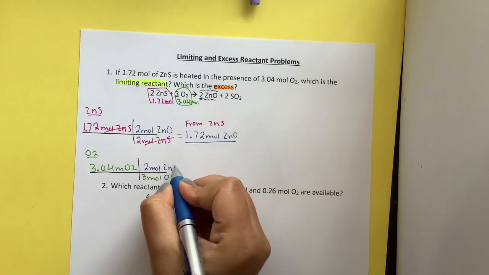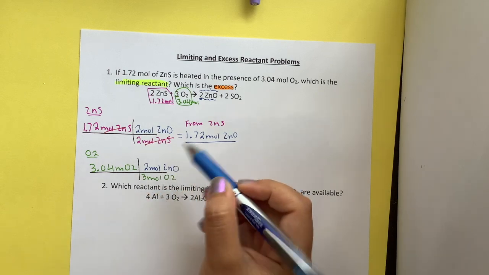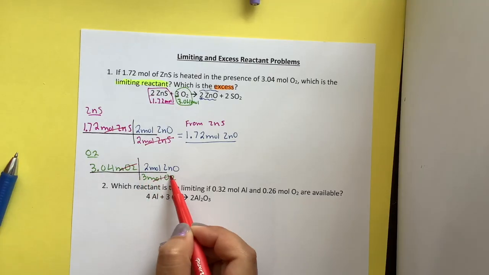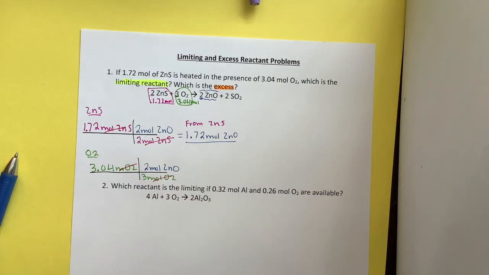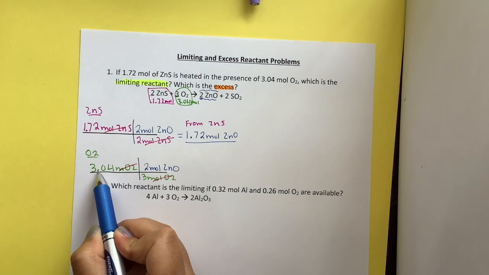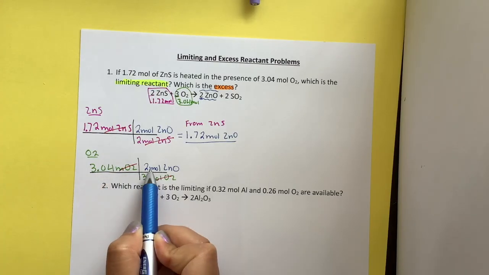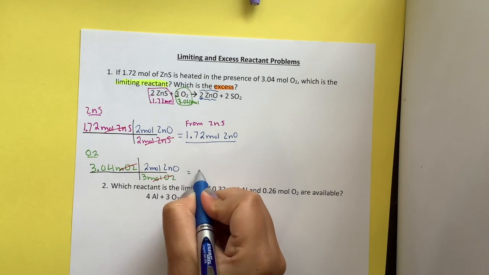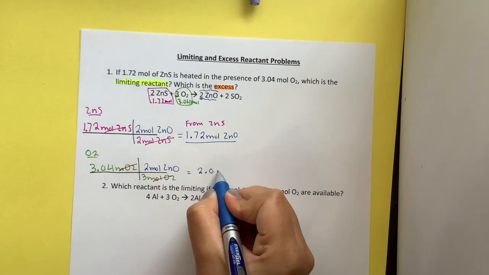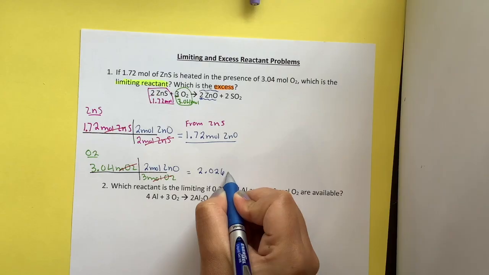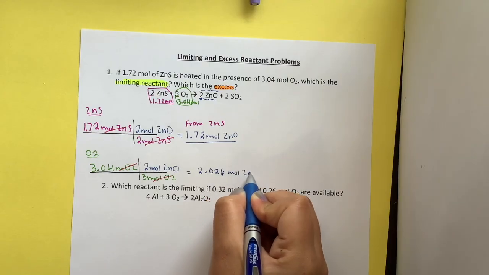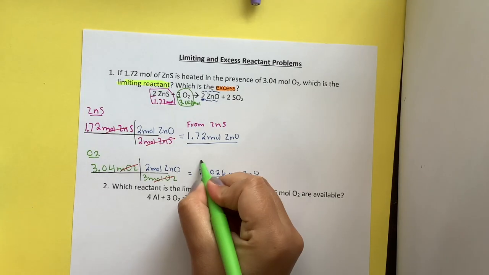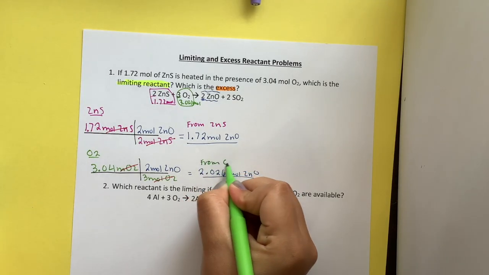The key in these types of problems is that I need to solve both reactants for the same product. So I need to pick one product and solve for it. Now I'm going to do 3.04 multiplied by 2, divided by 3, and that gives me 2.026 moles of zinc oxide. And this comes from oxygen.